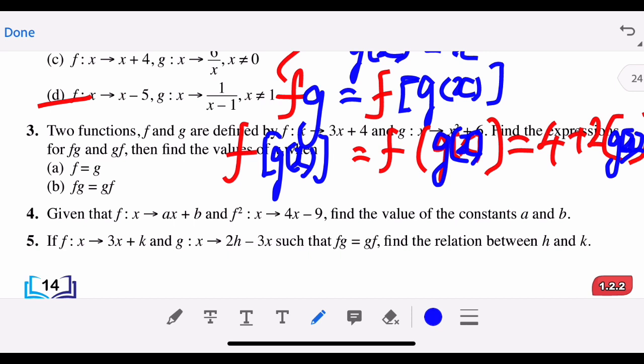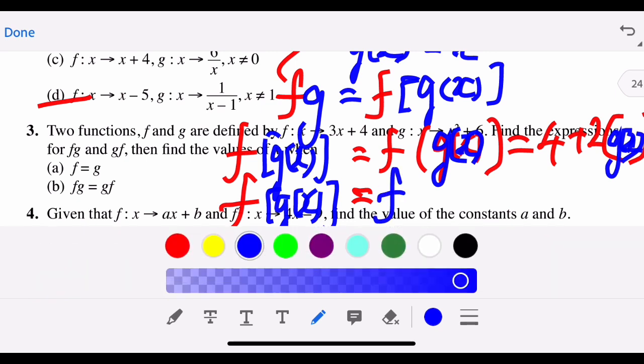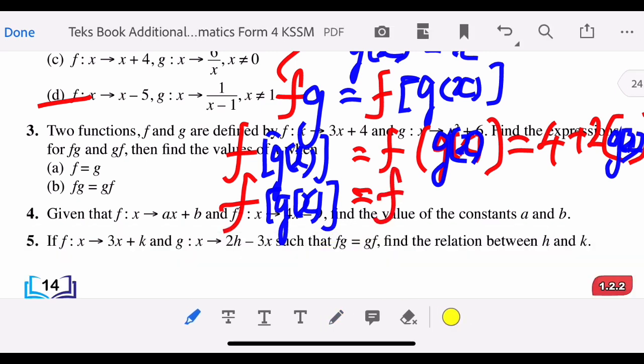So normally we will write like this, fg, sorry, let me write in red color. I have to change the color, so it's a bit time consuming, but it will make you understand. For the left hand side we substitute the gx, but for the right hand side, normally we will write like this.